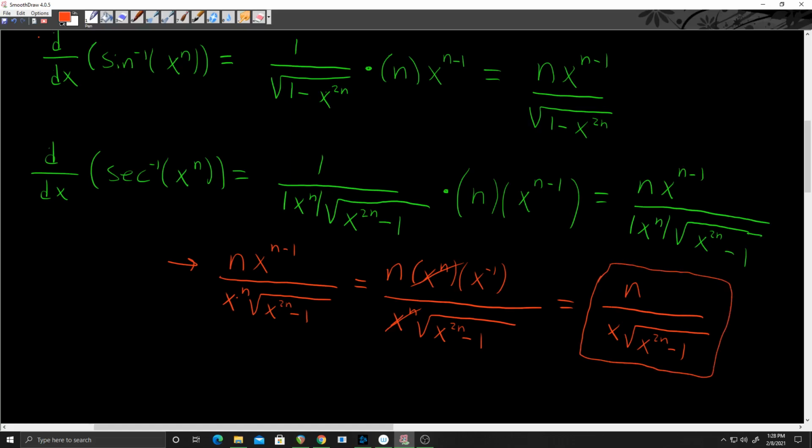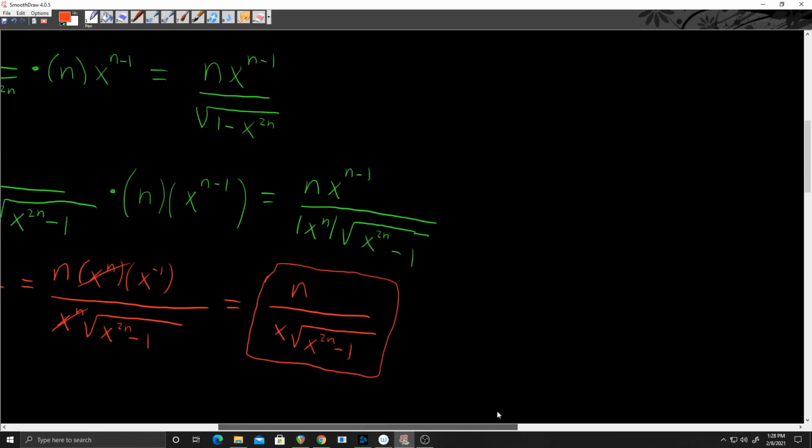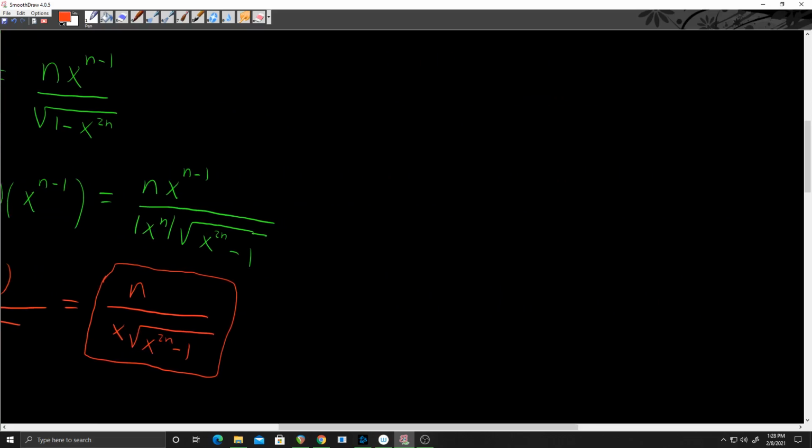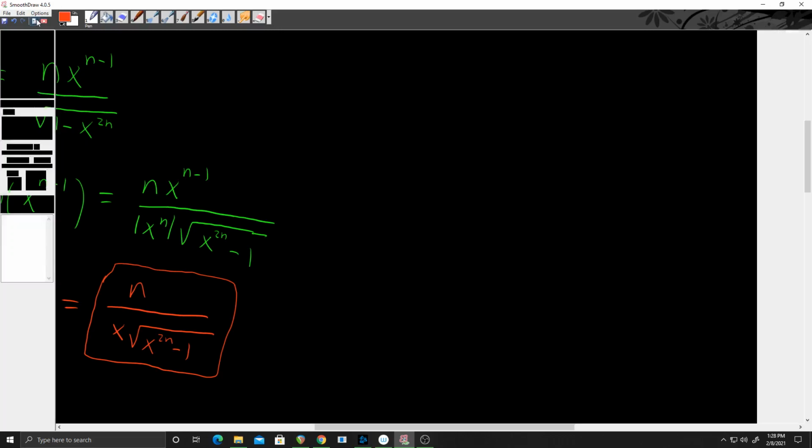All right, so let's interpret this now. Let me scroll over a little bit here. I'm going to keep these in view. So this is my derivative of inverse sine. I'll notate that here.